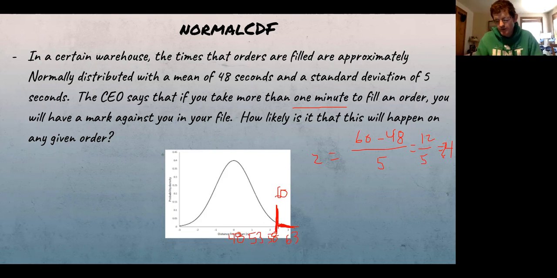So if I go to normal CDF, now what I have is a lower bound of 2.4, and my upper bound is what can get stretched toward infinities. Here's where I'd put a 99999, just stretching. And go ahead, once you've done that, you can plug this, or someone writes down the first 4 decimals on the screen of what you get.